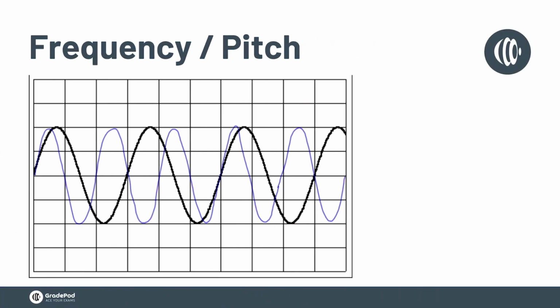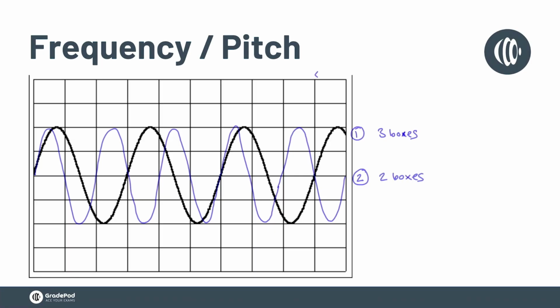Let's have a look now to see how frequency, or the pitch of a sound, affects the trace of the sound wave on an oscilloscope. We have 2 traces here: trace 1, which is the black one, and trace 2, which is the blue one. Can you see that the wavelength, or time period, of trace 1 covers 3 boxes, and the blue wave covers 2 boxes?